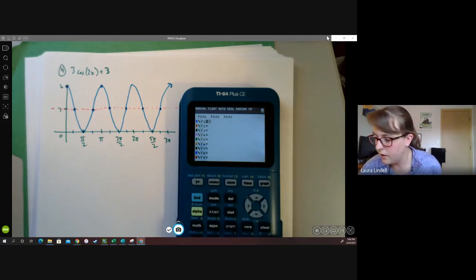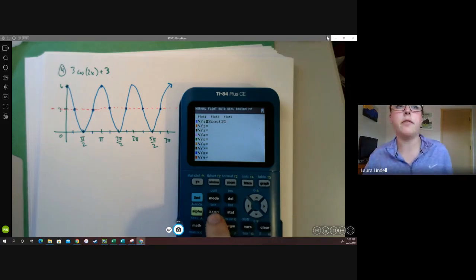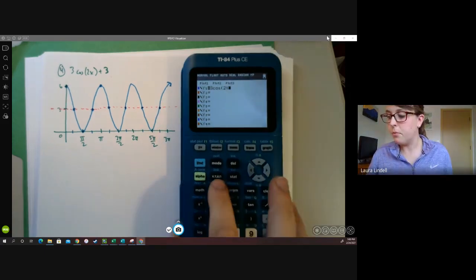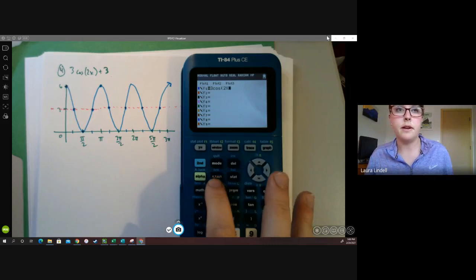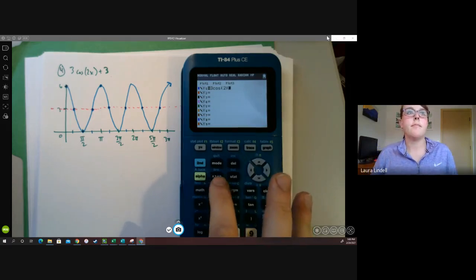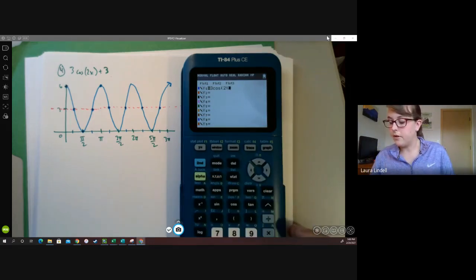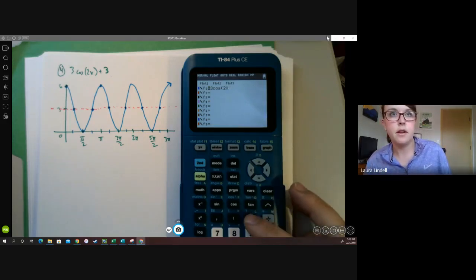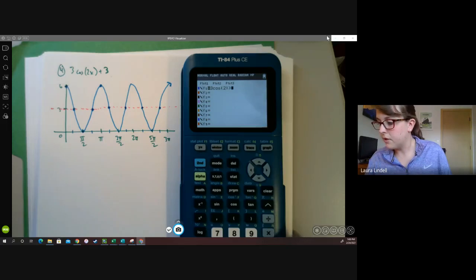So 3 cosine 2x, and the variable button, for those of you who haven't used that before, hopefully you have at this point, there's the variable button, X,T,theta,n. Since our calculator is just in the regular function mode, it'll use x as your variable. And then close the parentheses, plus 3.